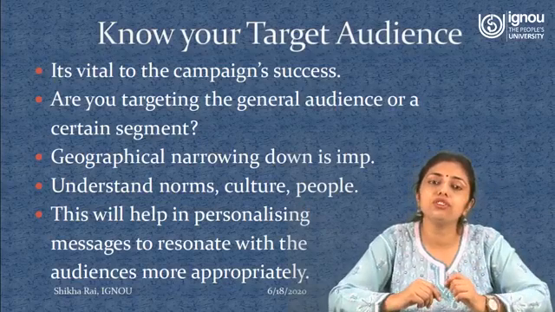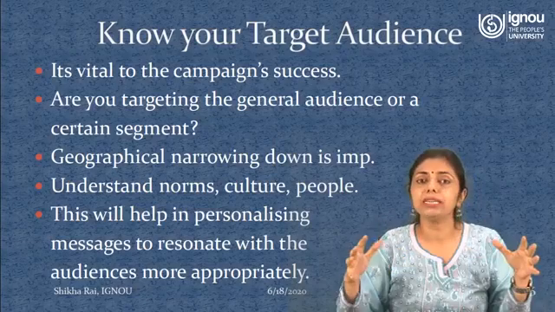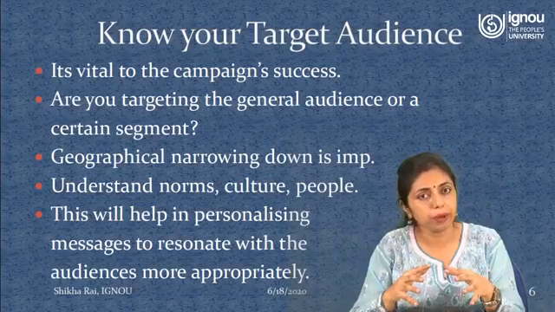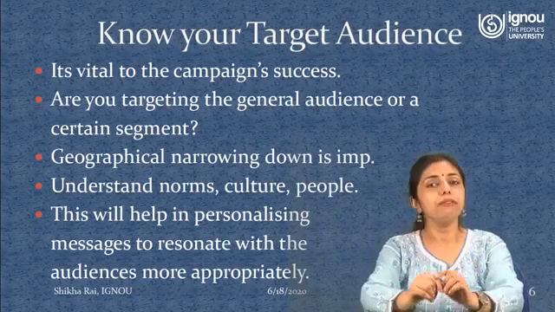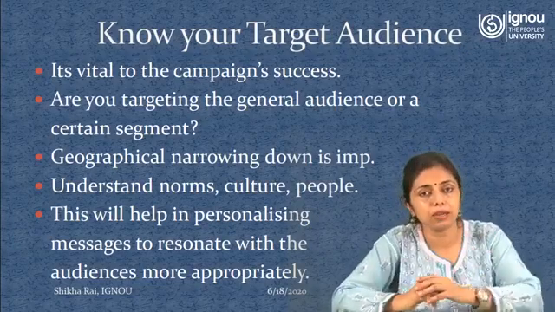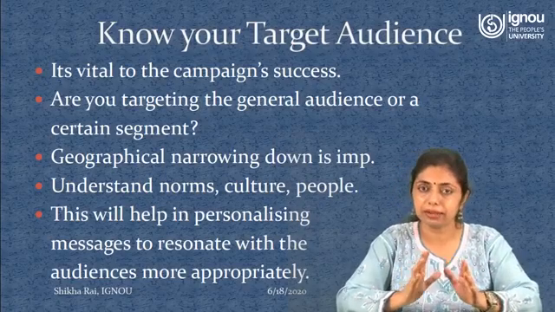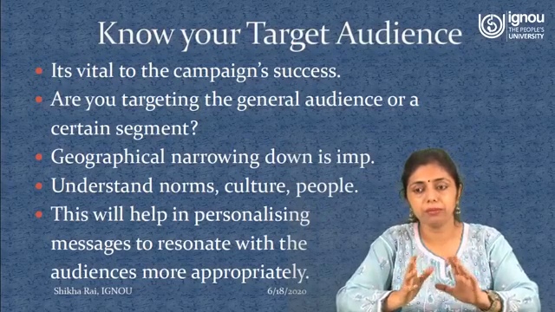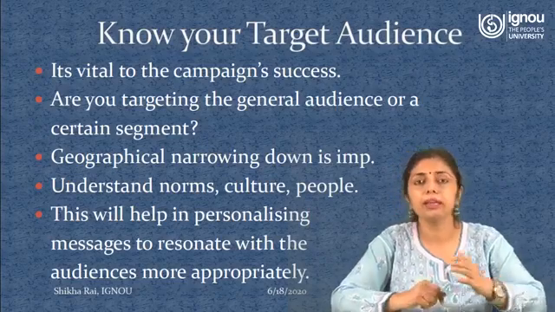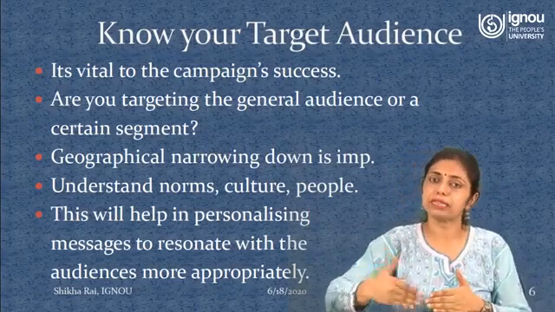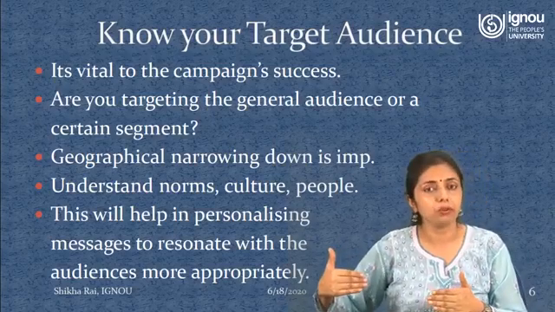The third is the geographical narrowing down. Geographical narrowing down is important because then you can focus on that kind of a population in a certain manner. Say for example, if we talk about targeting the service class people. Service class people have different characteristics and different psychometrics when it comes to metropolitan towns and cities. And they will be very different if you talk of SEC, socio-economic classification, SEC B or C class towns and cities.